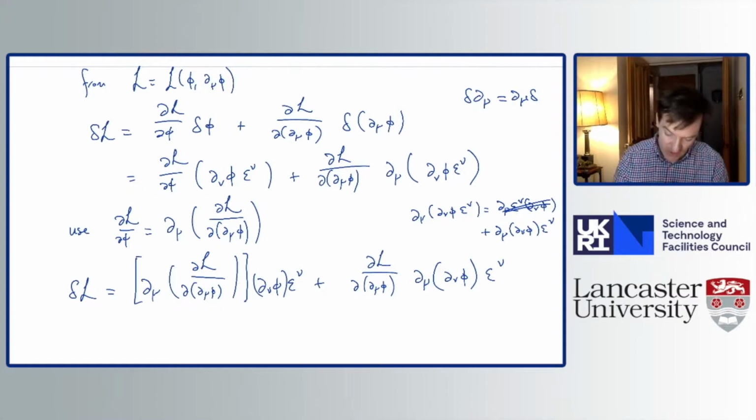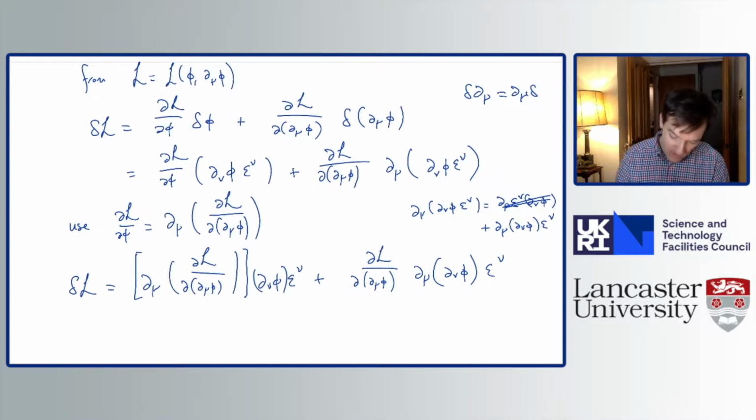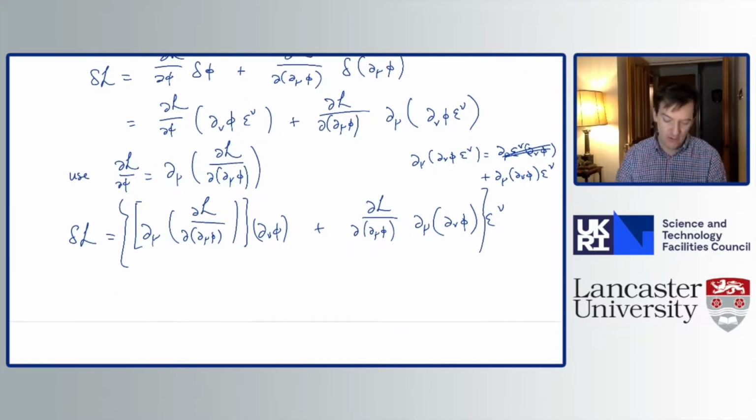Okay, so that's why these two pieces are just equivalent. And the reason for doing that is you'll see in both terms I have this epsilon. In fact, I can pull out the epsilon as a common overall factor. So let me do that here by putting big brackets around everything.